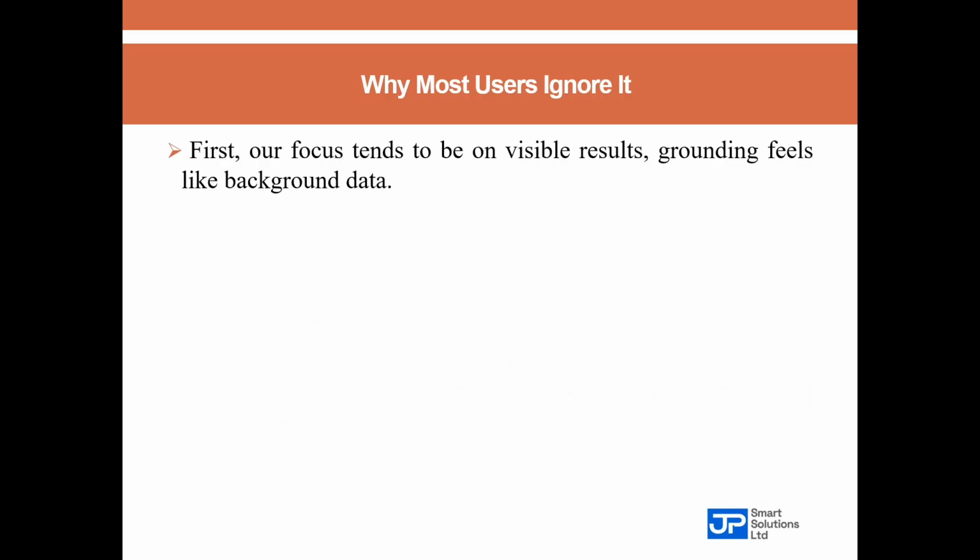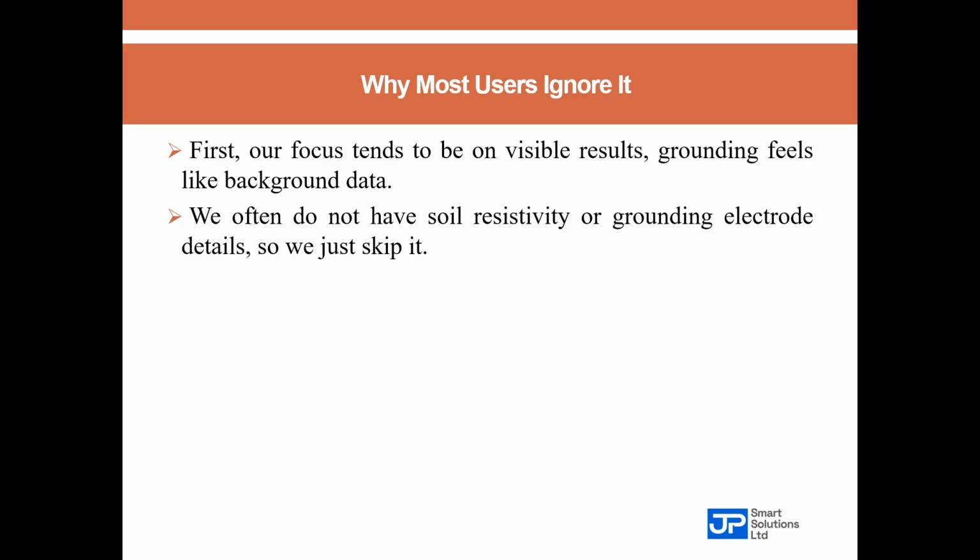So, grounding feels like background data as it is not displayed on any result. Secondly, we often do not have the data for soil resistivity or grounding electrode, so we just skip it. The data is unavailable, so why should we stress ourselves for that?